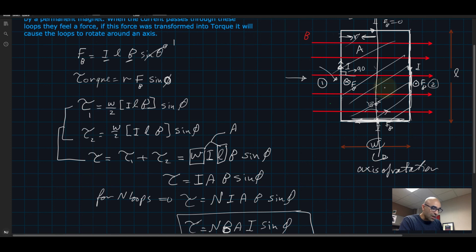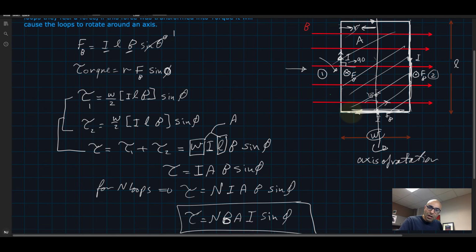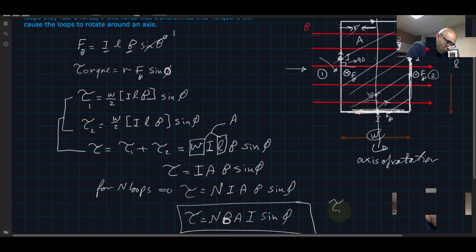The angle between the surface area direction and the magnetic field is 90 degrees, and that's how you get the max. So you can say torque max is equal to NBA times the current. Again, N is the number of loops, B is the magnetic field, A is the surface area, and I is the current going through the loop.